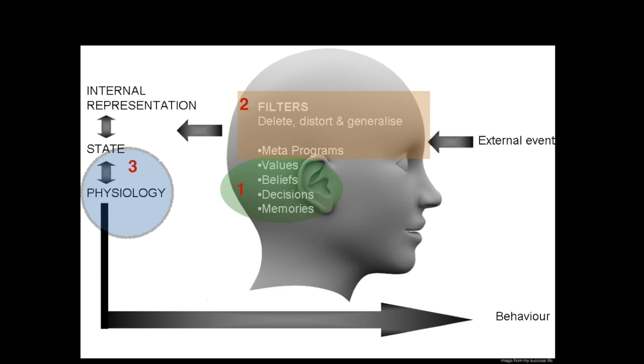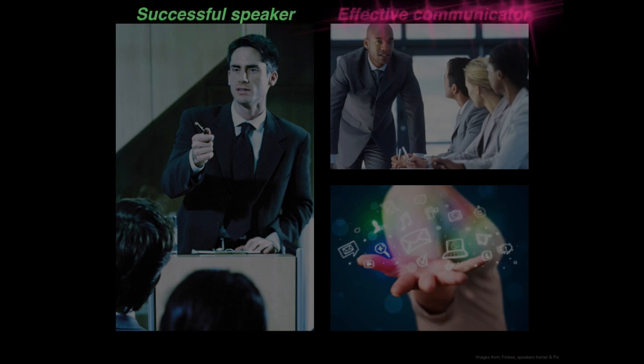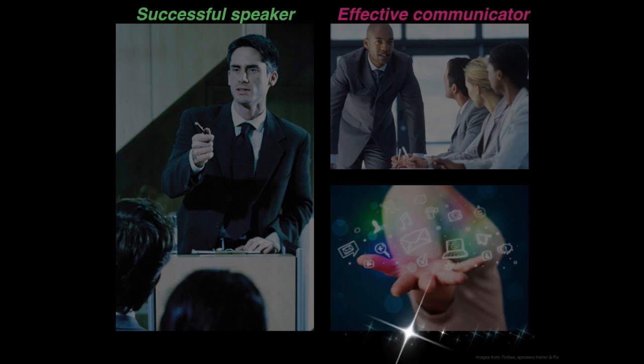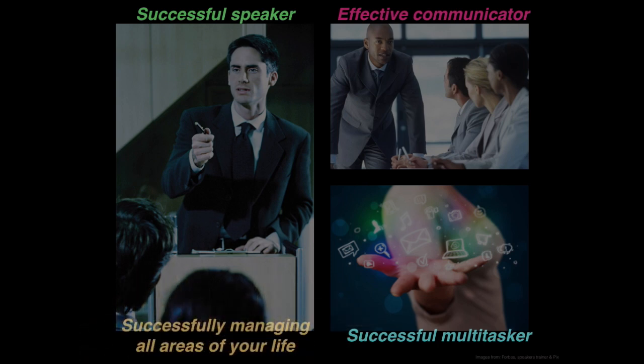When you have these 3 tuned into someone, then you can become a successful speaker, an effective communicator, a successful multitasker, successfully managing all areas of your life the way you want. Therefore, you can do anything and obtain the same results as successful people do by following their beliefs, their mental syntax and physiology.